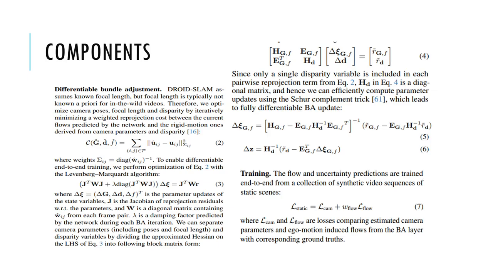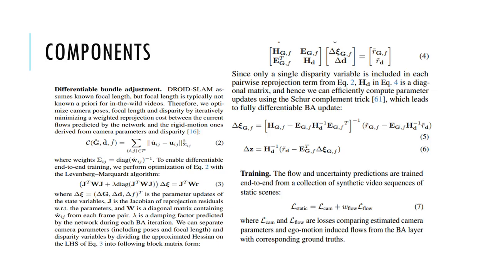Lambda is a damping predicted by the network during each BA iteration. We can separate camera parameters, including poses and focal length, and disparity variables by dividing the Hessian matrix on the LHS. Here H_GF is the Hessian matrix with respect to pose and focal length. Now we apply the Schur complement trick, which leads to a fully differentiable BA bundle adjustment optimization algorithm.